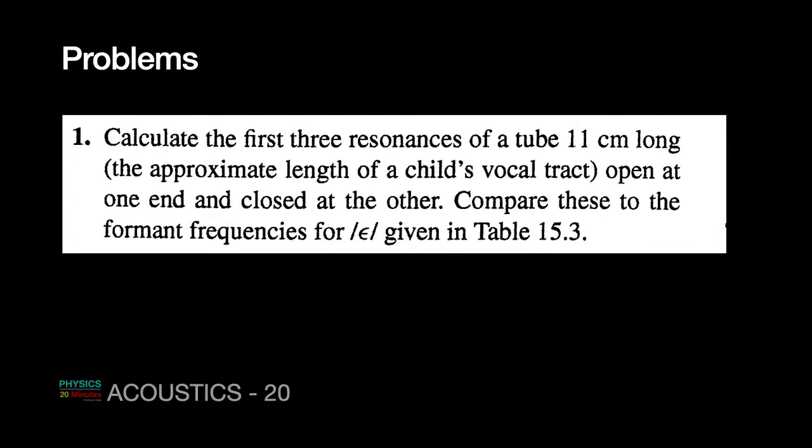You can take v as 340 meters per second. So n as 1, so 340 divided by 4 into 11 centimeters, so 0.11. So 340 divided by 0.44 will actually give you your answer. 340 divided by 0.44.